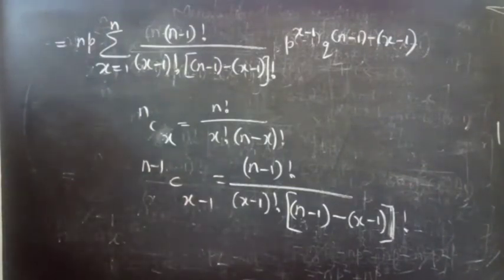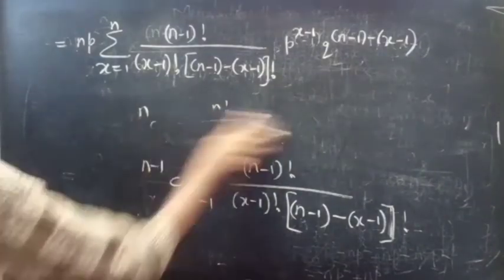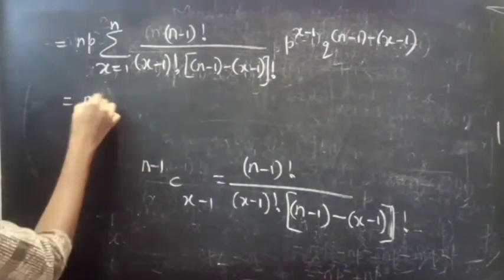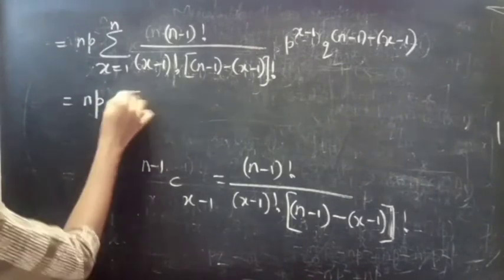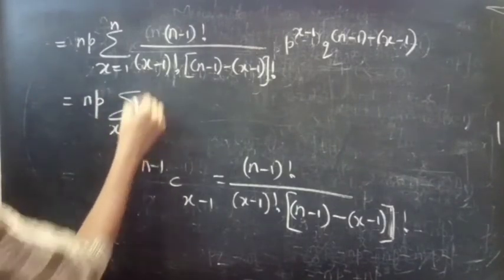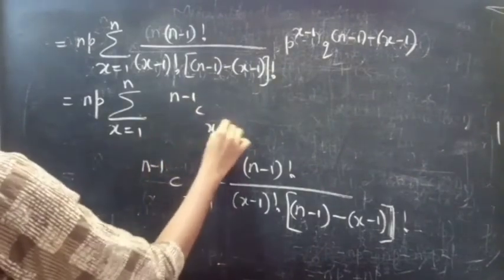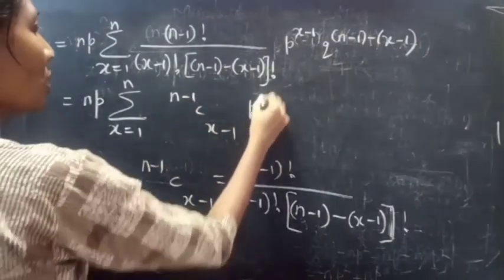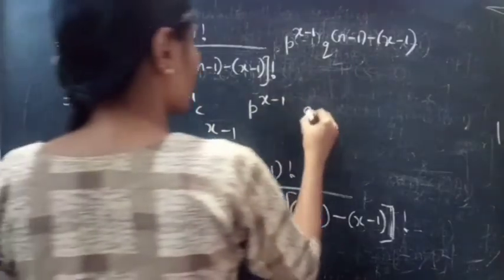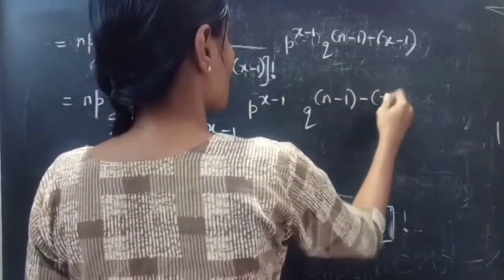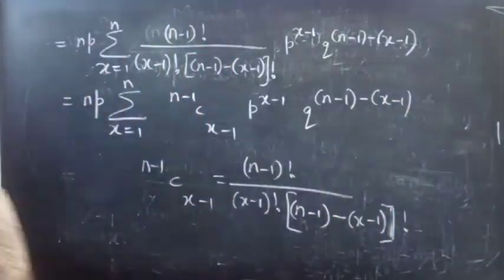Okay. This equals np into summation x equals 1 to n, n minus 1 C x minus 1 into p power x minus 1 into q power n minus 1 minus of x minus 1.